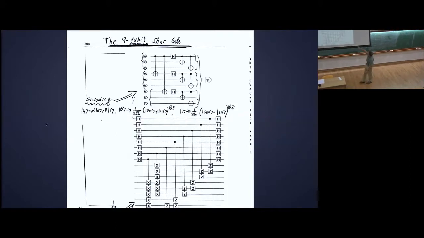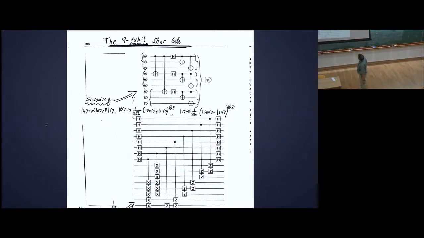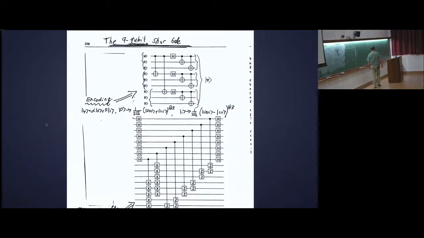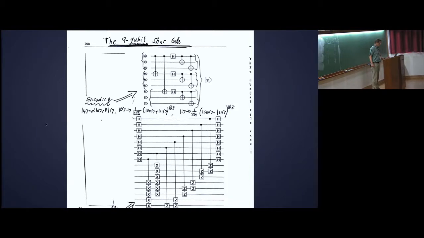So the top part just shows the encoding, which is what I wrote down here, and you can check afterwards. The lower part then is how you do the error correction.